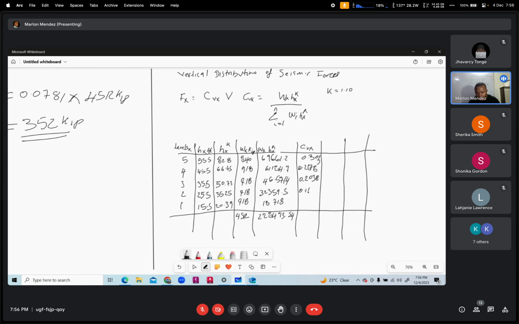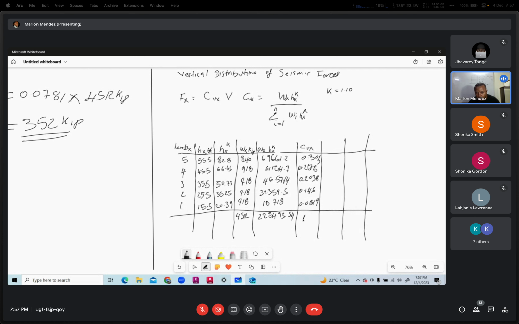This becomes 0.146. This becomes 0.819. All right, this is supposed to come back to 1.